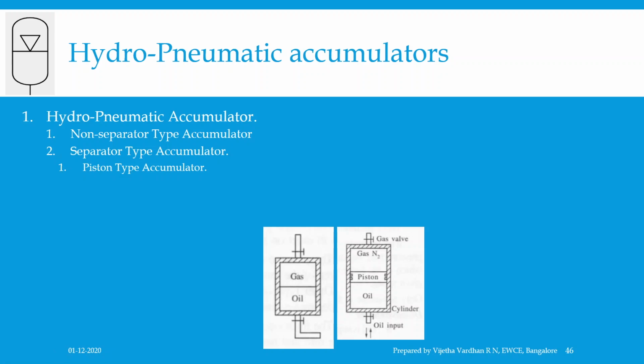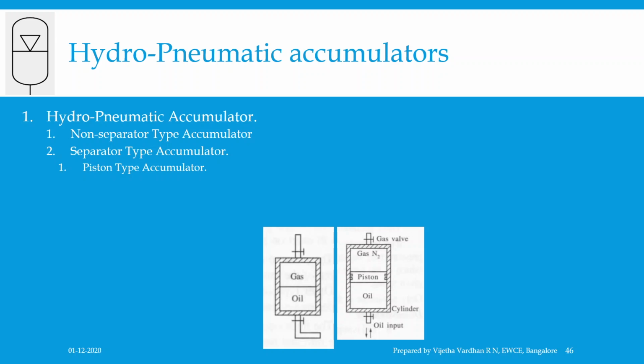In the piston type of accumulator, as the name itself indicates, a piston separates a region of oil and compressed gas. It consists of a cylinder with a freely floating piston with proper seals, the piston serving as a barrier between gas and oil. The gas which occupies the volume of the gas chamber is compressed by the piston as the oil enters the oil chamber through the oil port.